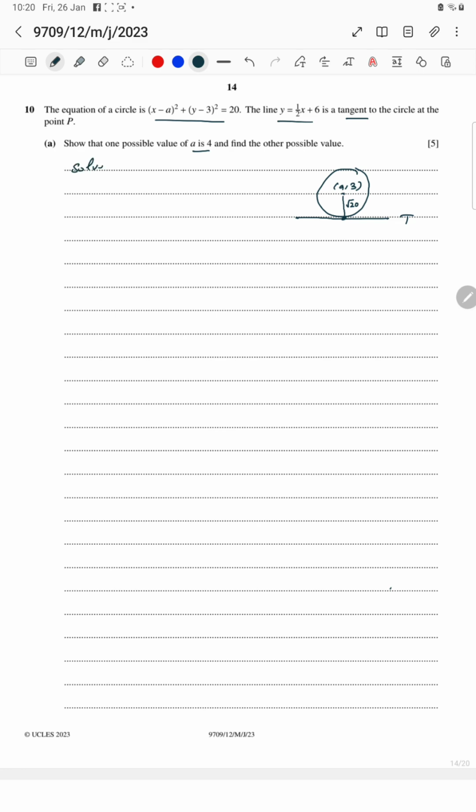We will solve (x minus a) whole square plus (y minus 3) whole square equal to 20 and the line y equal to 1 by 2 x plus 6 simultaneously. Okay, we will get it.